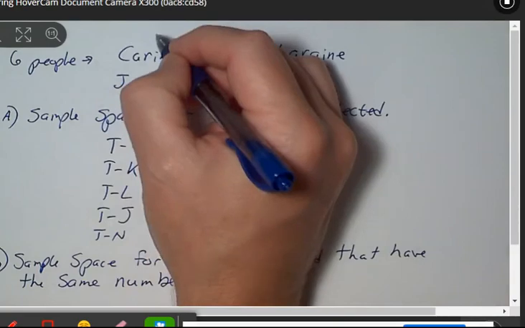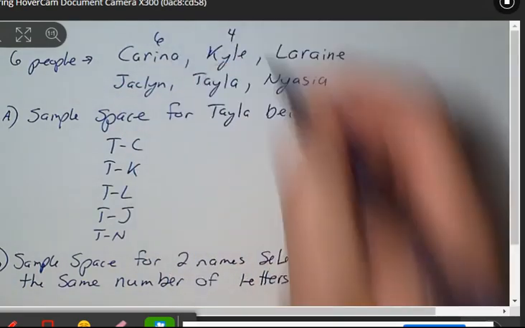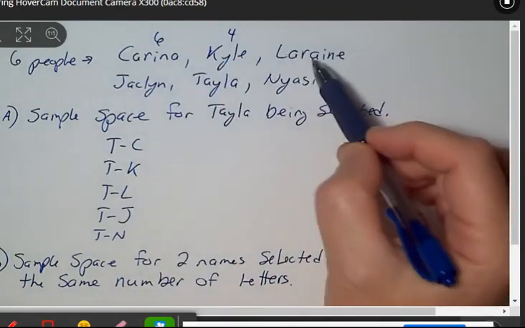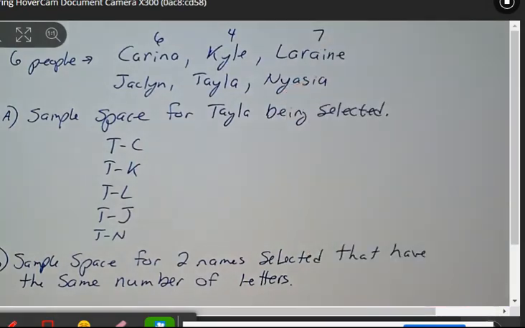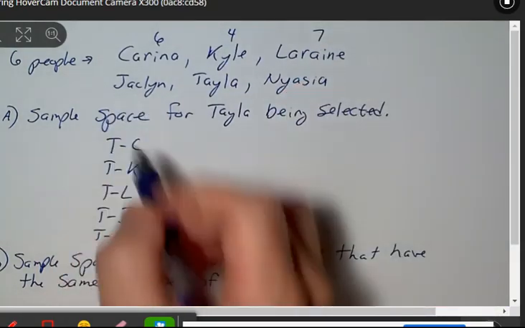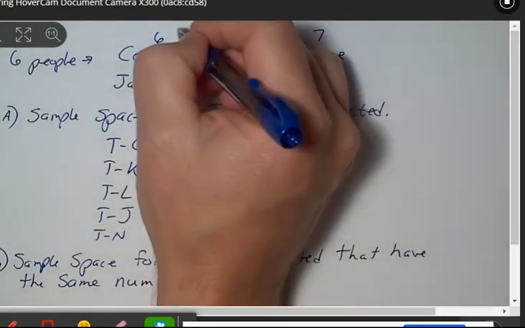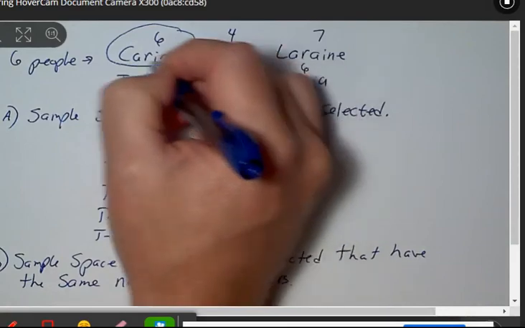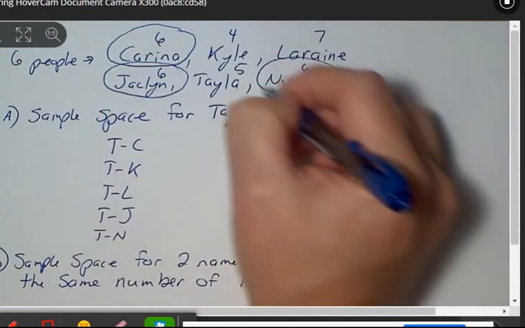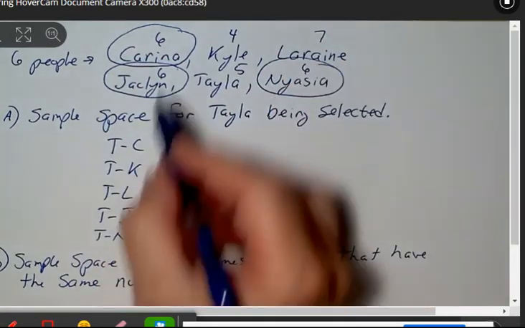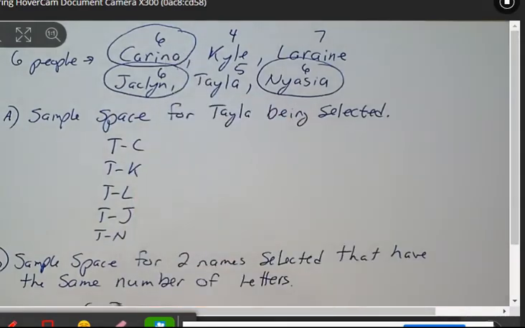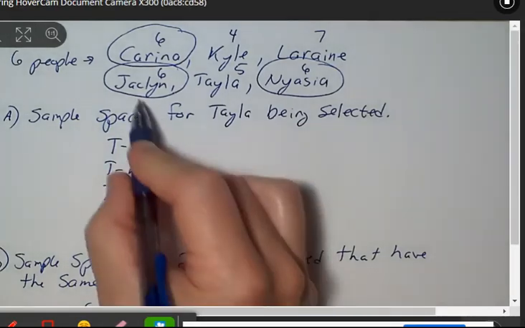So Karina has 6, Kyle has 4, Lorraine has 7. So far nobody has the same amount. Jacqueline has 9, Taylor has 6, and Naisha would have 6. Okay, so there's only 3 people that have the same amount of letters. So we've got to have Karina and Taylor, you could have Karina and Naisha, or you could have Taylor and Naisha.